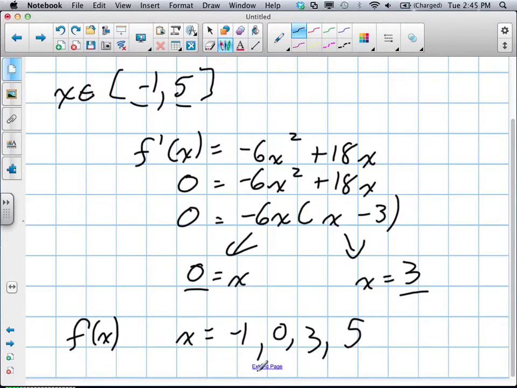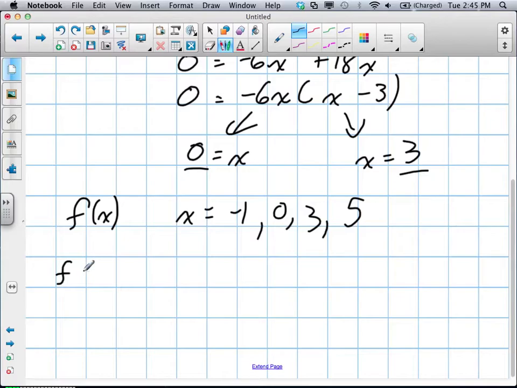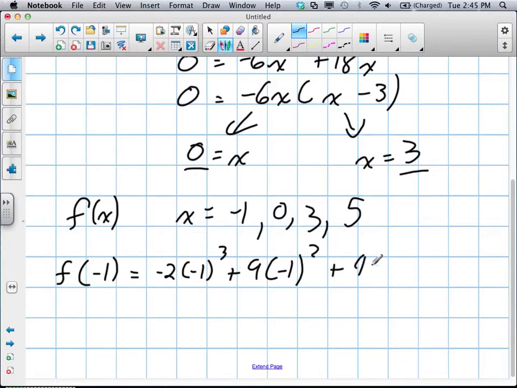Well, guess what? We can do it. We're geniuses. So f of negative 1 gives us negative 2 times negative 1 cubed, plus 9 times negative 1 squared, plus 4.